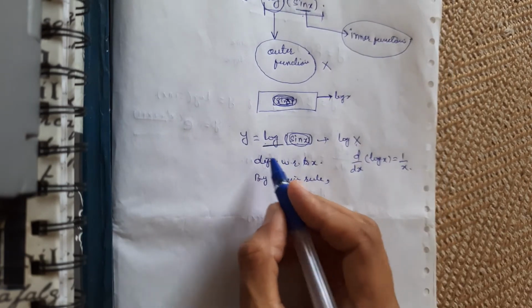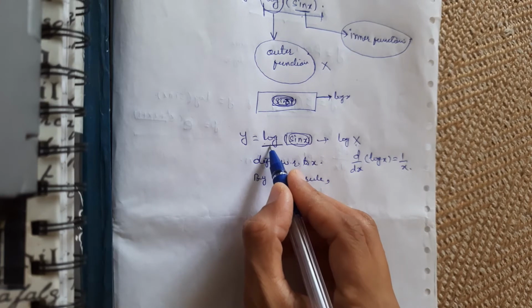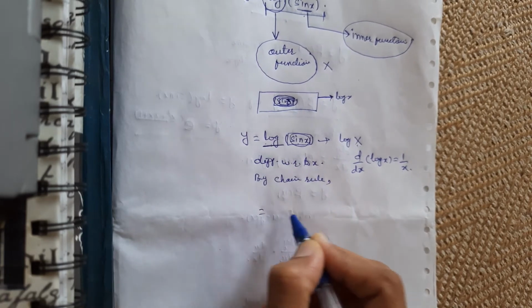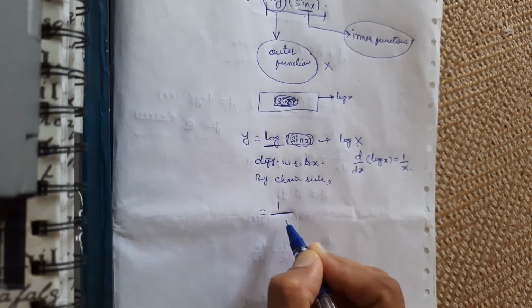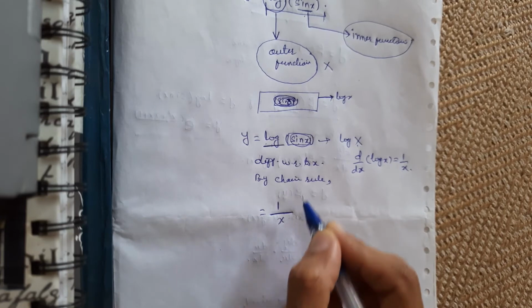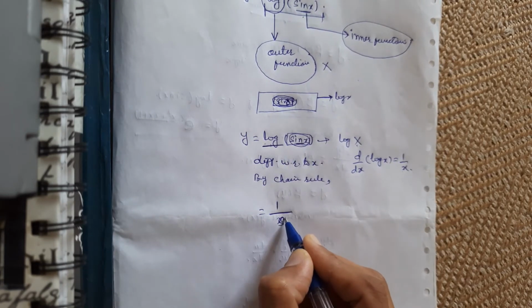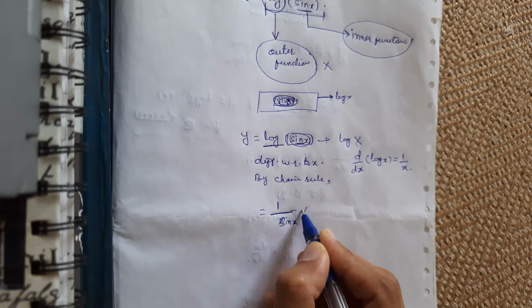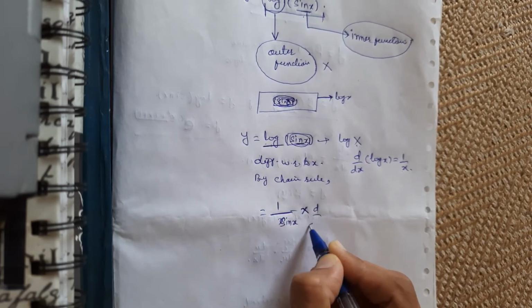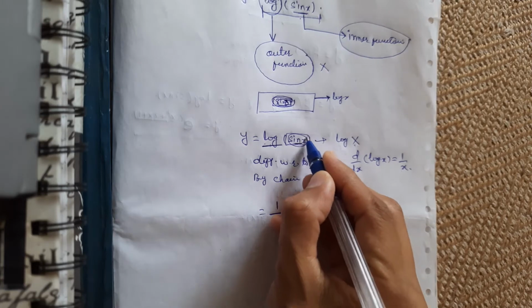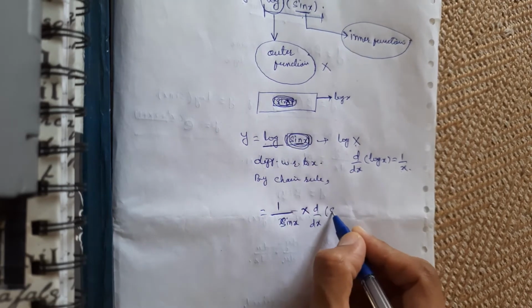So by chain rule, what will be the derivative of this logarithm function? 1 upon X. And what is my X? Sin x here. So 1 upon sin x multiplied by the derivative of the inner function. The inner function is sin x.